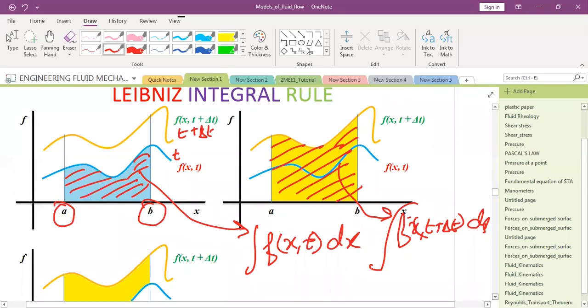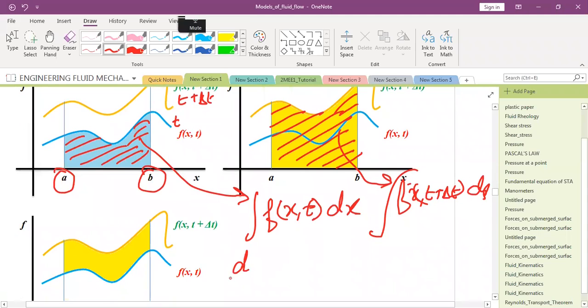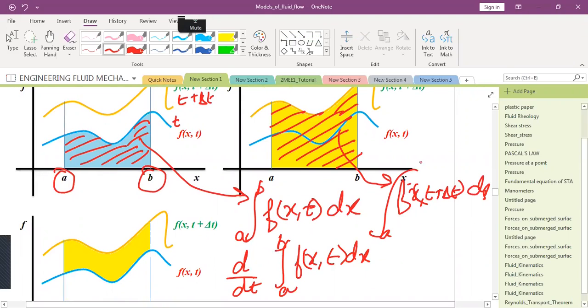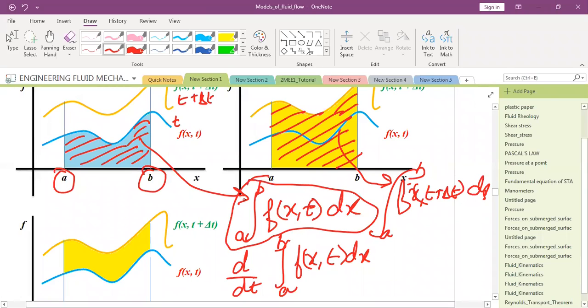Now if I ask you what is d by dt of the integral of f(x,t) dx from a to b, what will be your answer? My question is, you know that the integral of f(x,t) from a to b is this blue area, and f(x, t plus delta t) from a to b is this yellow area.